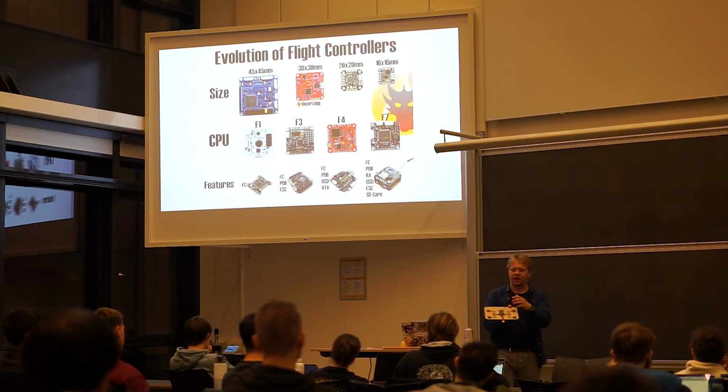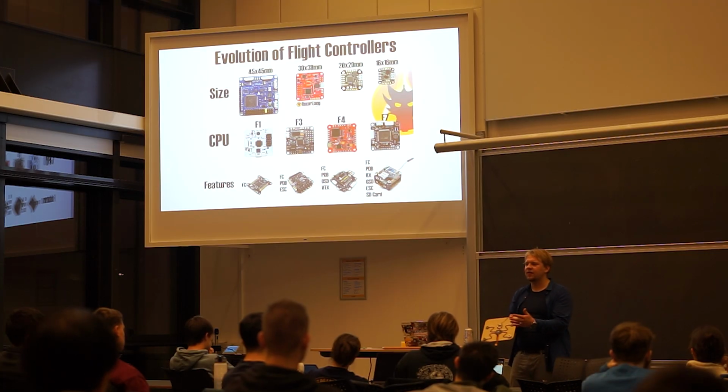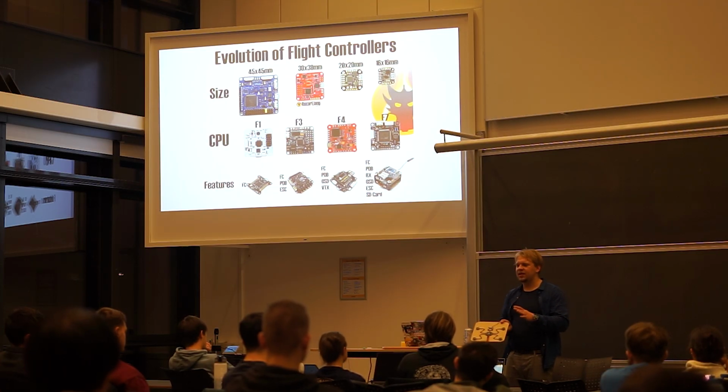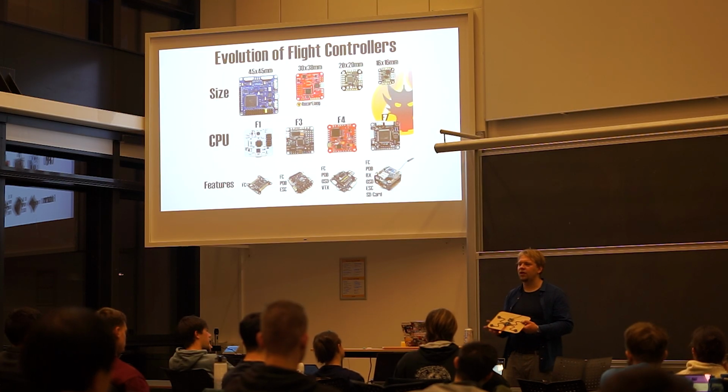Now what you can see here is a stack. We call a stack basically just two PCBs stacked onto each other, and usually a stack consists of 4 ESCs and a flight controller. Back in the day, the ESCs were so big and bulky, and they were not made for multi-rotor purposes at all.